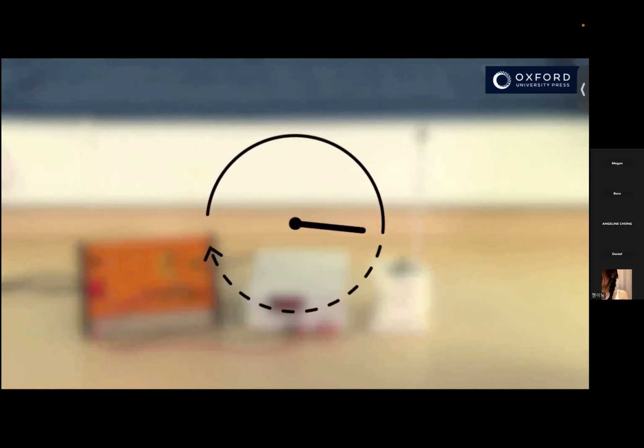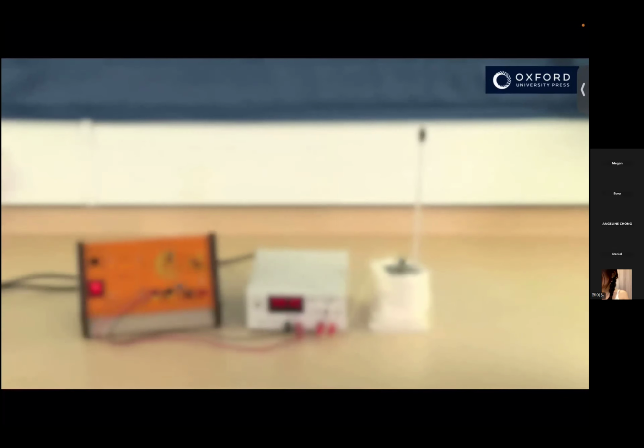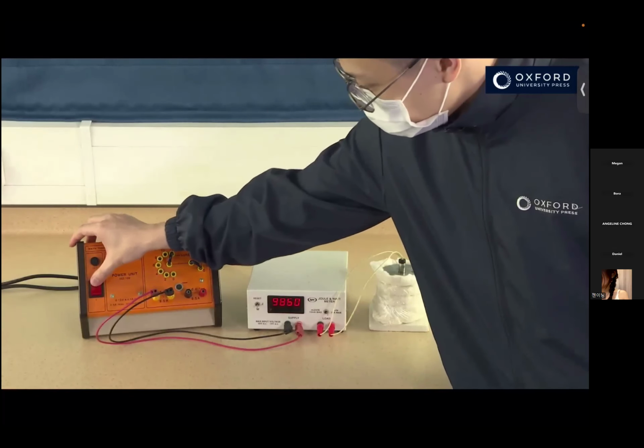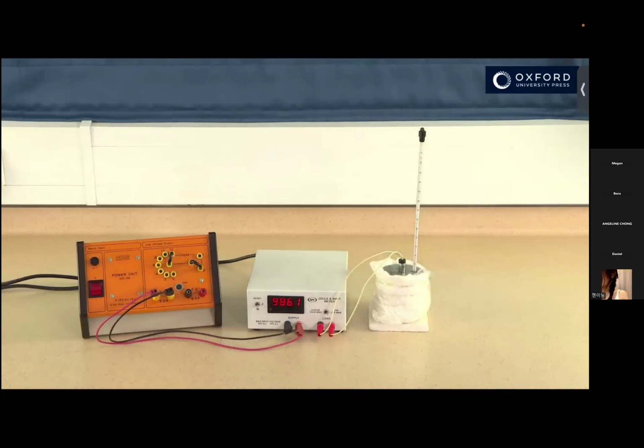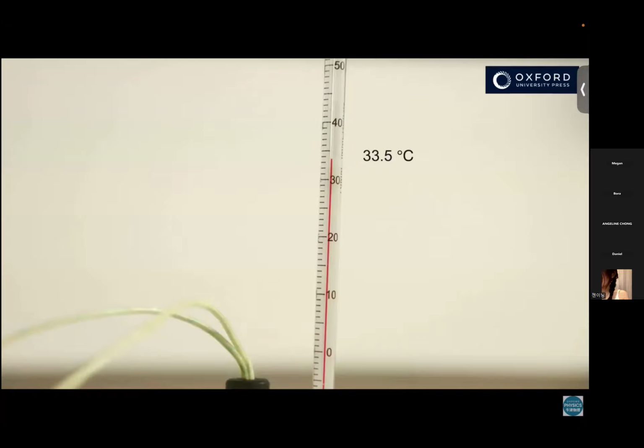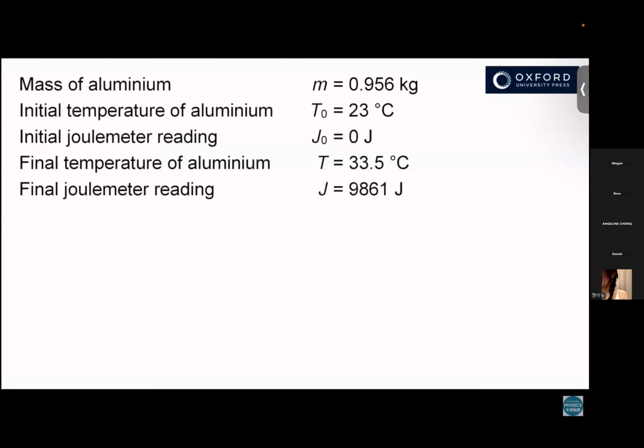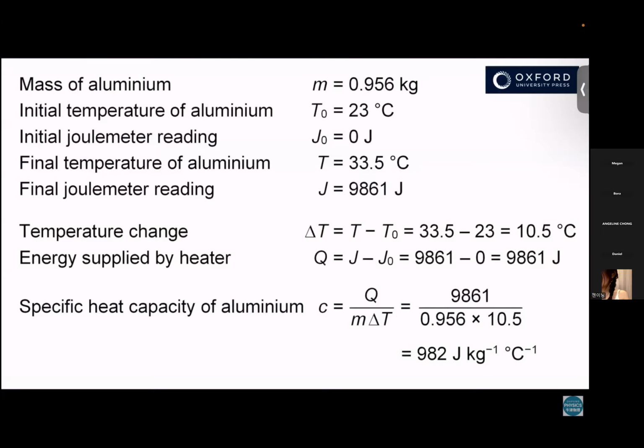Switch off the heater when the temperature of the block has risen by about 10 degrees Celsius. Record the final joule meter reading and the highest temperature reached by the block as the final temperature. From the recorded data, the specific heat capacity of aluminium can be found.